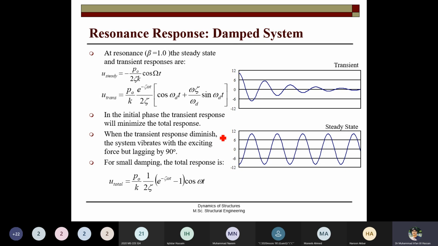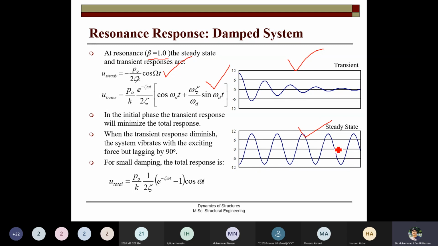When you plot the transient response at resonance, due to the damping effect it is reducing, but the steady state response at resonance keeps on like that.